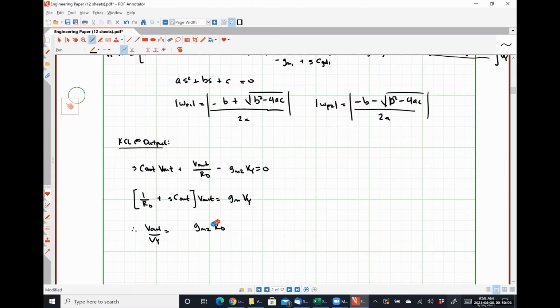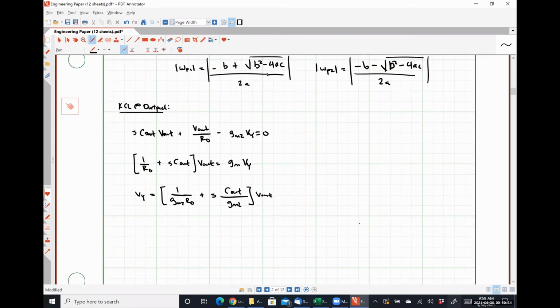Actually, let me go back one step to make this a little bit easier to follow algebraically. This tells us that Vy is 1 over GM2 RD plus S C out over GM2 V out.